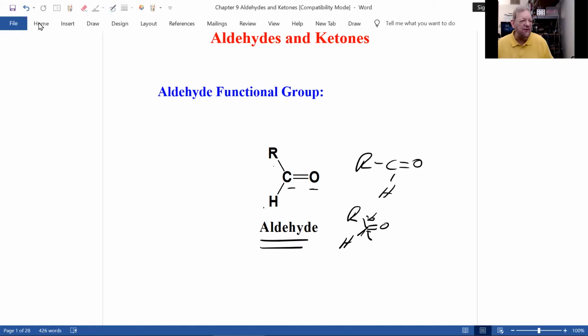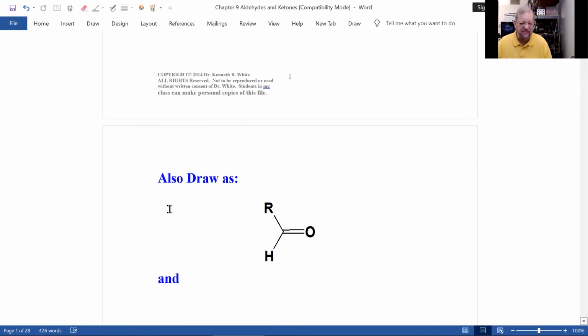I try to stay away from that, but once in a while I'll do that. So an aldehyde, R group on a carbon double bond to oxygen, and that carbon has a hydrogen also, 4 bonds to carbon. 1 double bond makes 3, hydrogen makes 4.